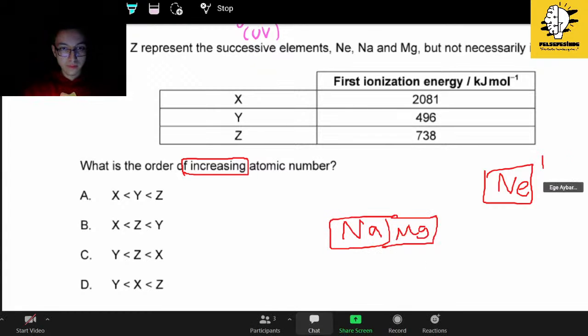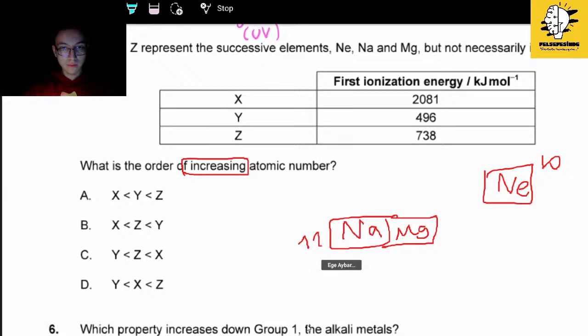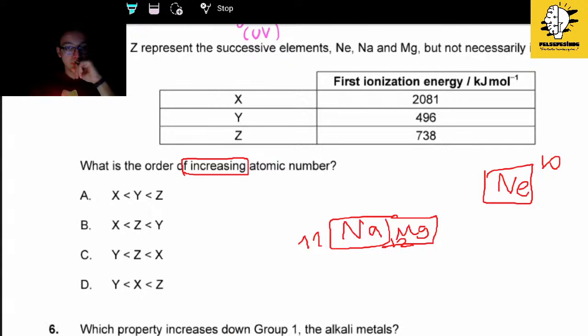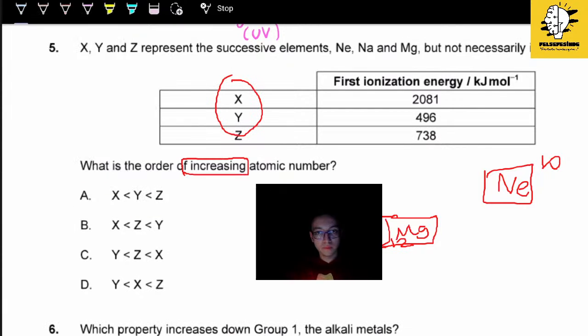So it is proton number 10, 11, and 12. Yes. So it is asking us about, and it also gave us the data for first ionization energy.